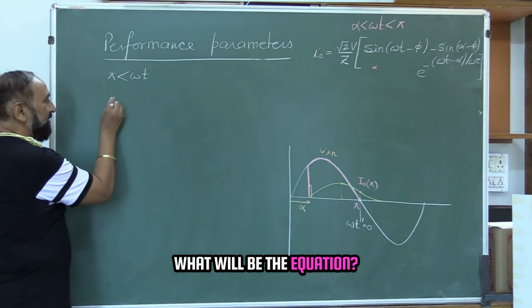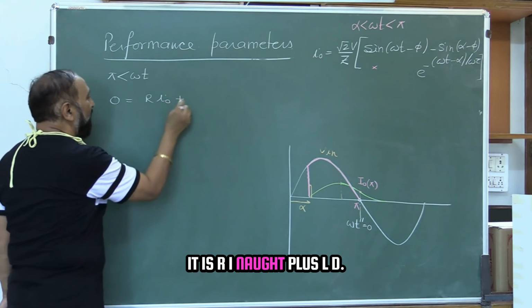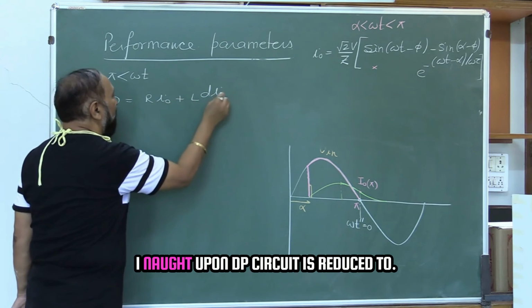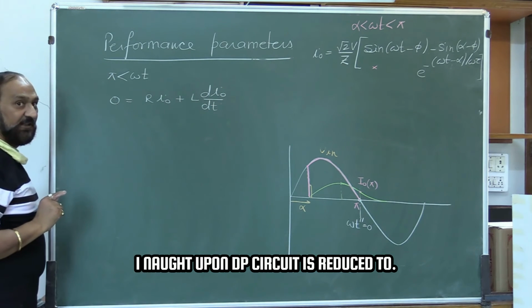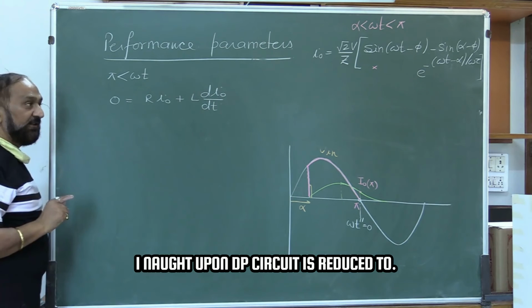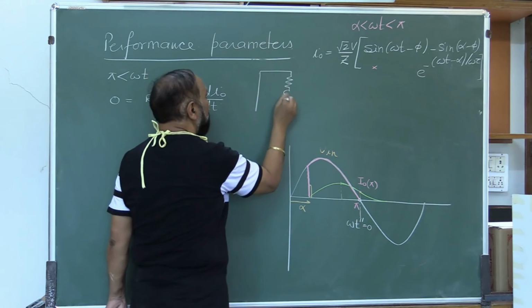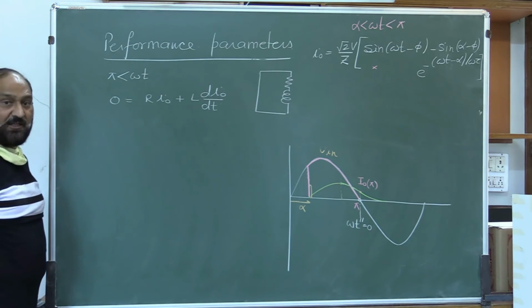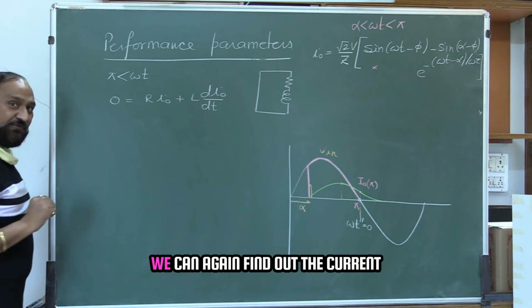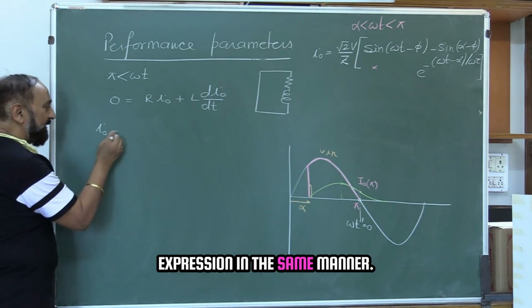What will be the equation? Output voltage is 0. It is R I naught plus L d I naught upon dt. Circuit is reduced to this, we can again find out the current expression in the same manner.